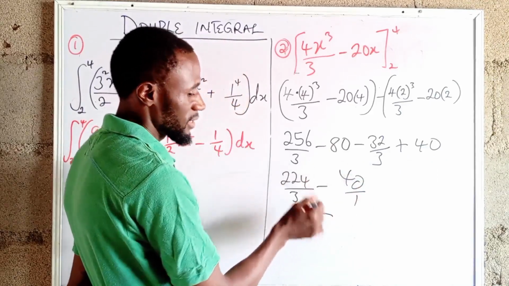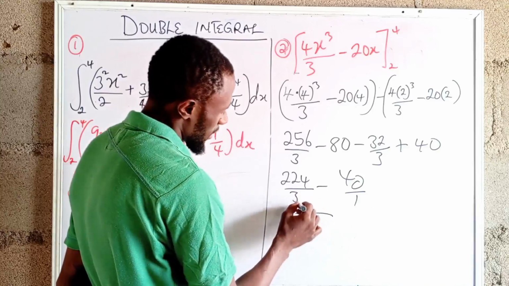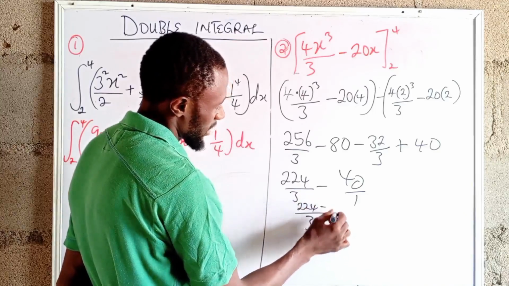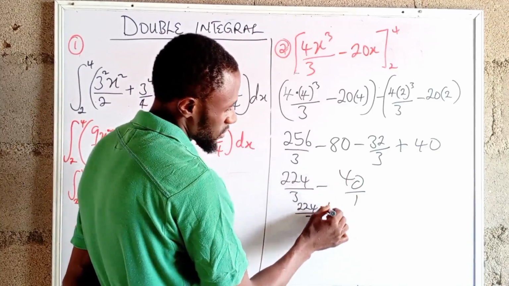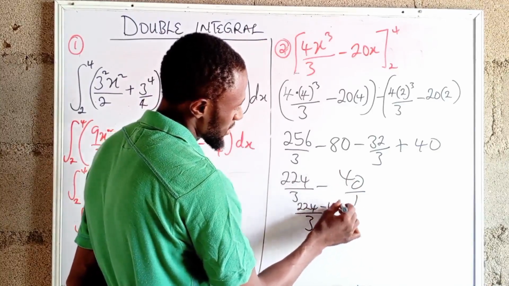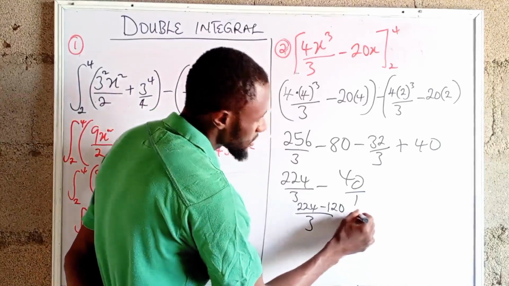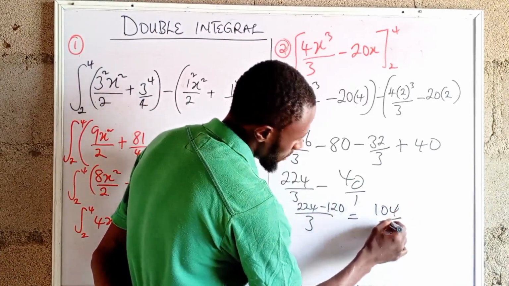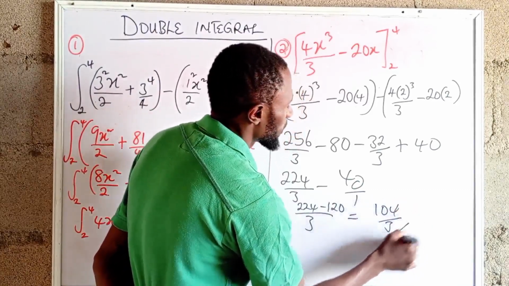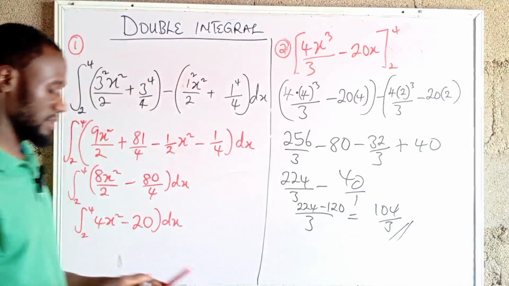Then we multiply. We have 224 minus 3 times 40 here is 120. This is equal to 104 all over 3. That is our answer.